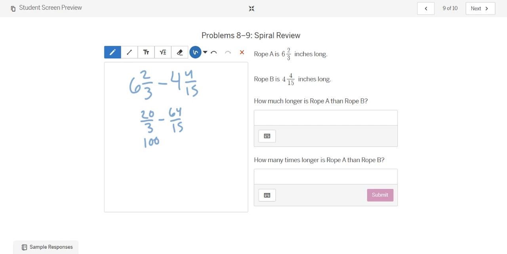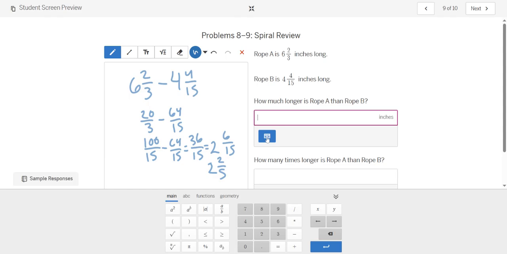That would be 100/15 minus 64/15 is 36/15. That would be 2 and 6/15. Yeah. Which is the same as 2 and 2/5. You can just leave it like that. Oh, there's 2 problems.